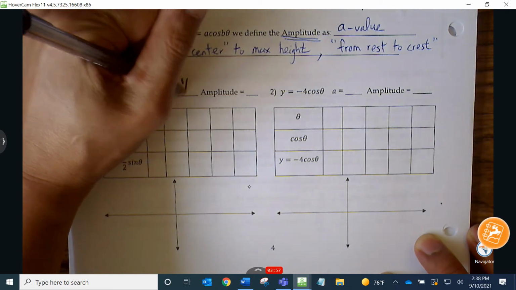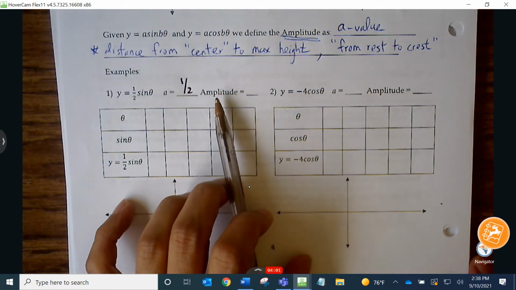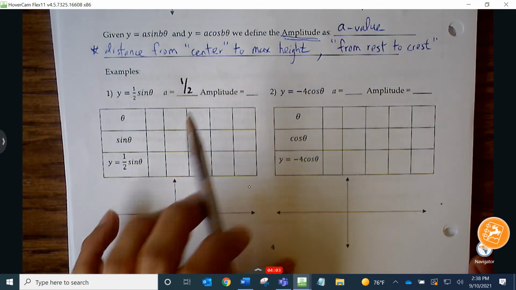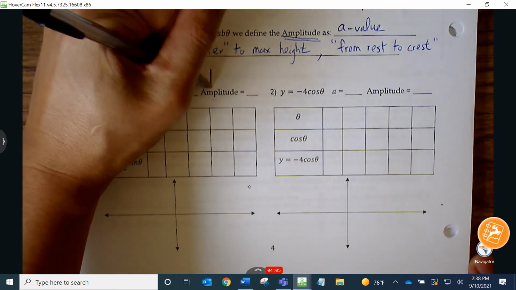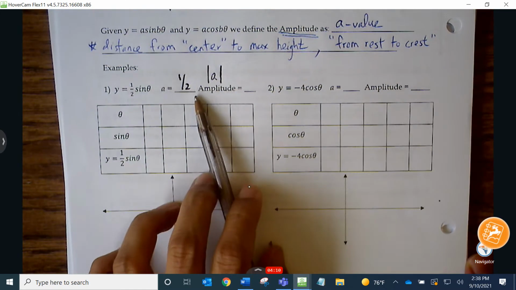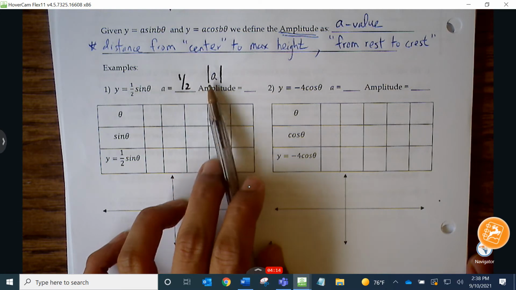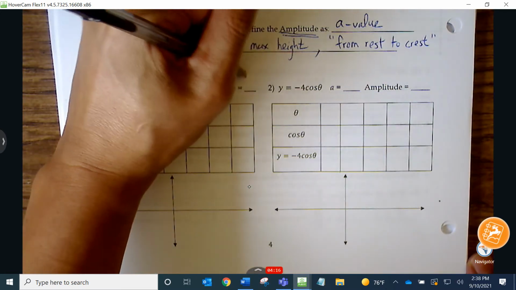A equals 1/2. Now, I didn't talk about this before, but the formula for amplitude is actually the absolute value of a. So if the a value is already positive, then there's no adjustment that needs to be made. In this case, a is positive 1/2, so our amplitude is also 1/2.